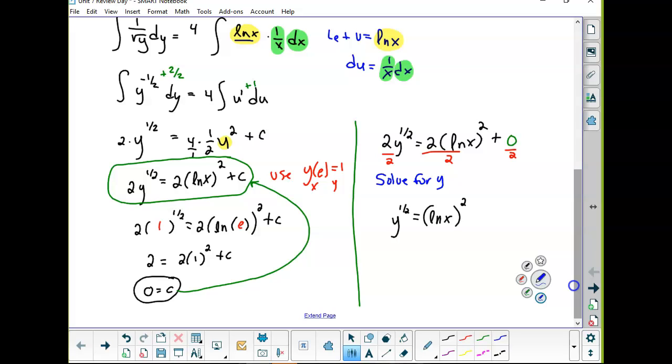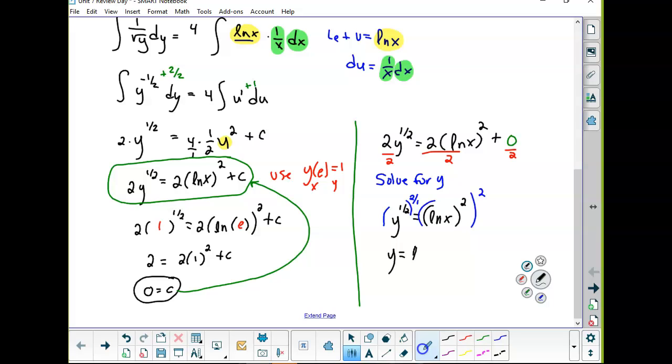And then remember, to get rid of a 1/2 power, we raise both sides to the reciprocal power. So I'm going to raise it to the 2 over 1, or really you can just say we're going to square both sides. When I square both sides, that gets rid of that square root, or the 1/2 power.